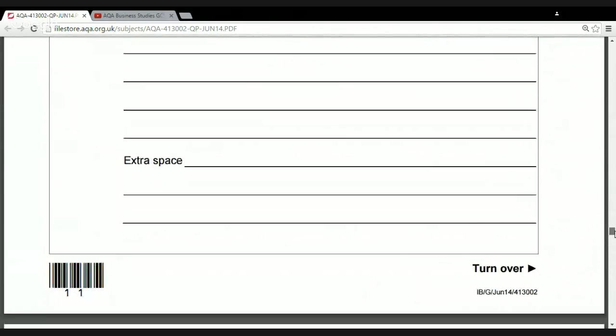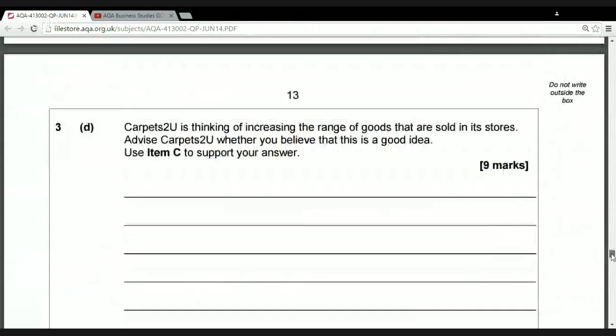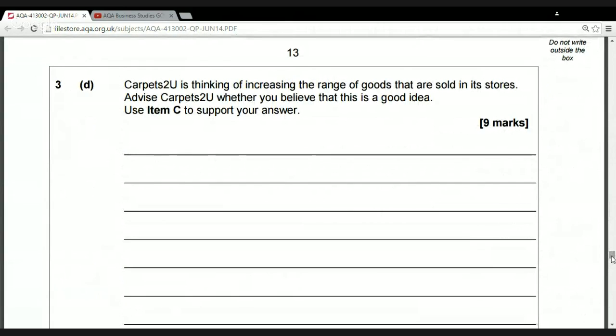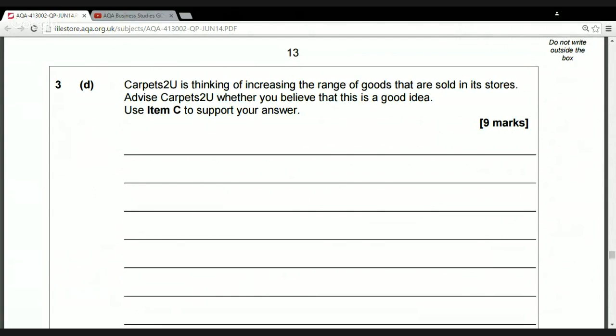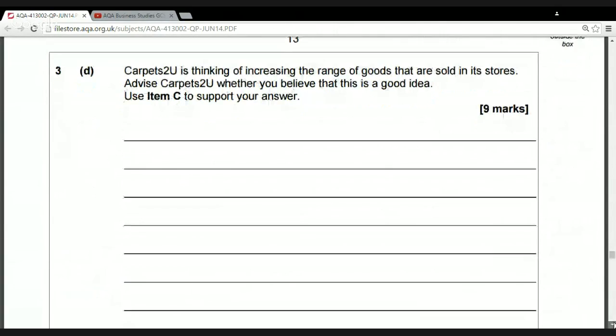A similar sort of just-in-time approach, where they only get the stuff when they need it, and they don't have to hold large amounts of stock. They wouldn't have to increase the range of goods sold in the store. They'll decrease it, but they'll have more profit because they're not buying all this old stock.